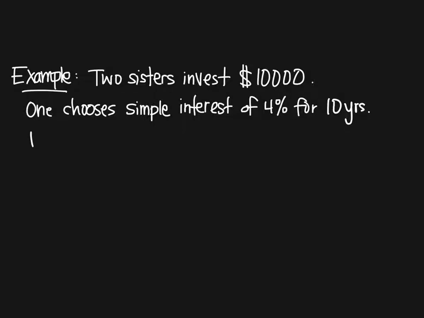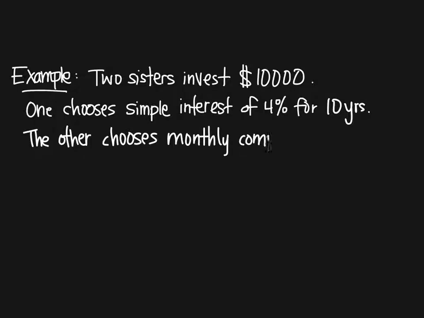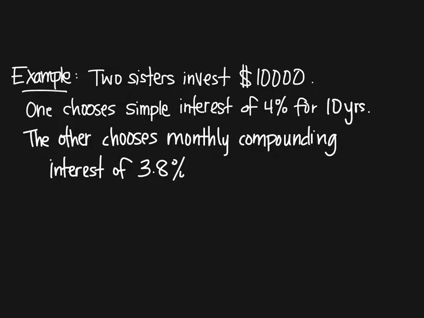The other chooses monthly compounding interest, and it's lower. It's only 3.8%, but it's the same amount of time.